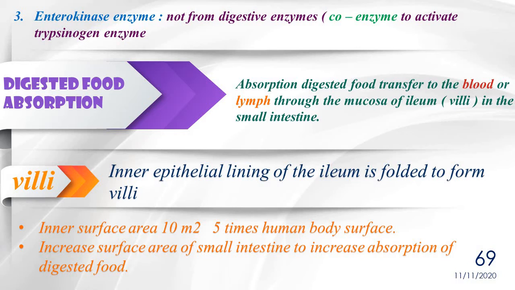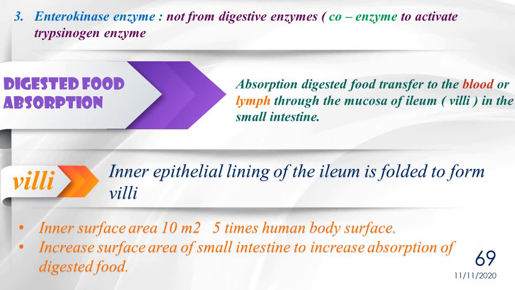It has an inner surface of 10 meters square, 5 times your body surface. Really? Yes, because it's coiled many times and has a large surface, but it's also folded to increase the absorption of food.